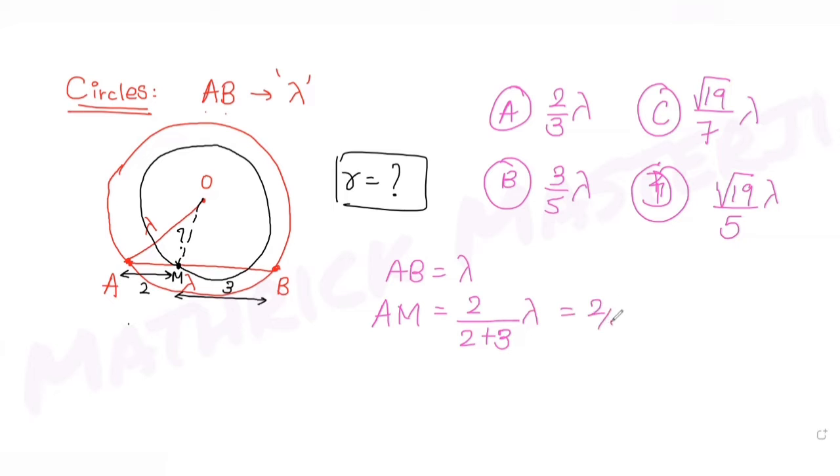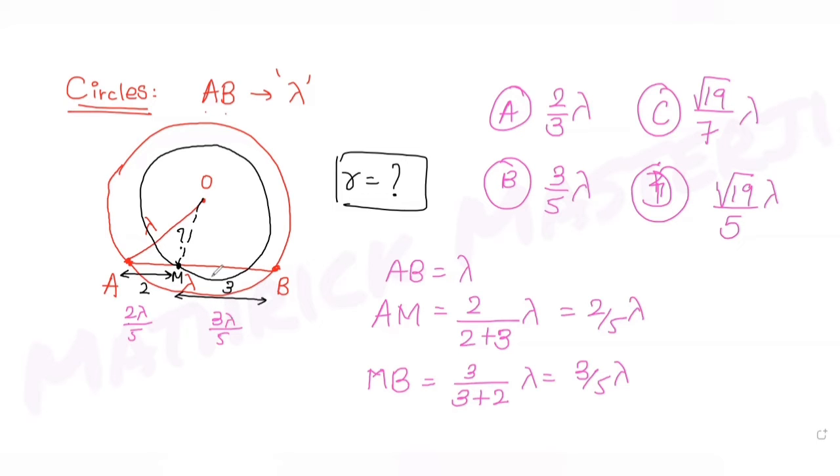So it becomes 2 over 5 lambda. And MB is 3 parts out of the total 5 parts of lambda. So it becomes 3/5 of lambda. So we have AM as 2 lambda over 5 and MB as 3 over 5 lambda.